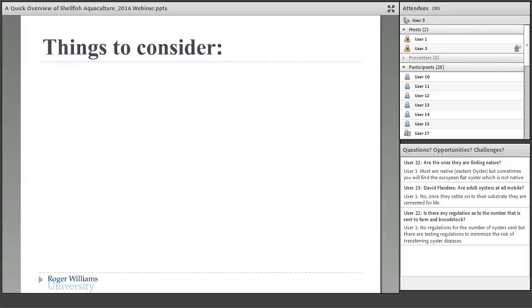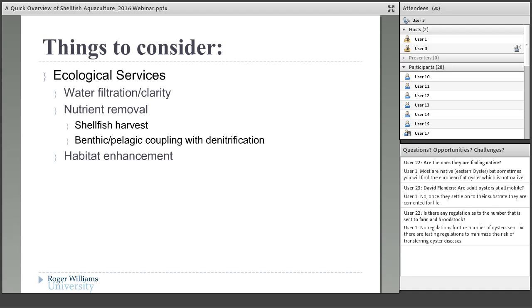So I wanted to just conclude quickly with some things to consider in terms of our oyster farming. One is that oysters are renowned for a variety of ecological services that they provide to the water body that they're being cultured in. That includes water filtration. We've already talked about them filtering up to 50 gallons of water a day and extracting particles down to 2 to 3 microns.